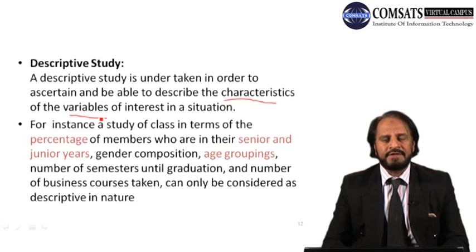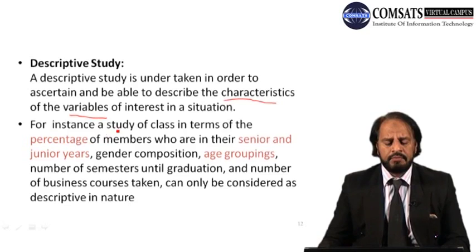So the difference here is that we are trying to define the characteristics of a particular issue or situation, and usually we try to get figures, such as percentages, the number of people in an area, or the number of incidences.